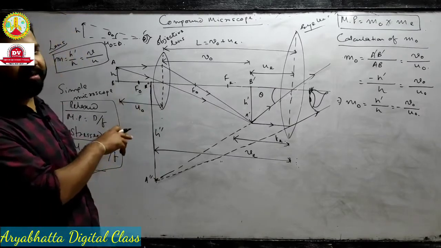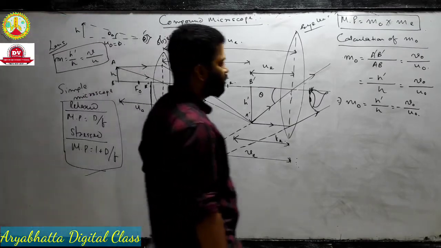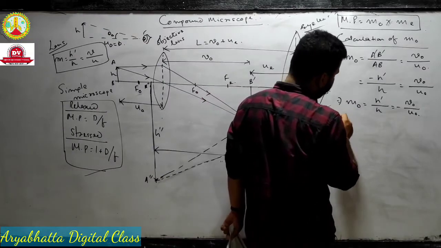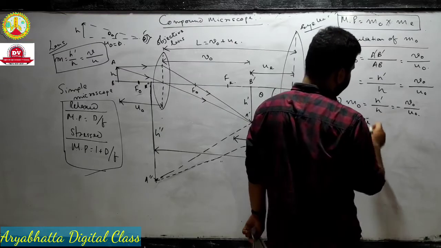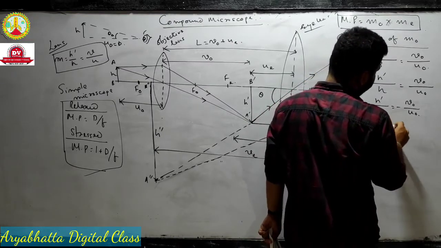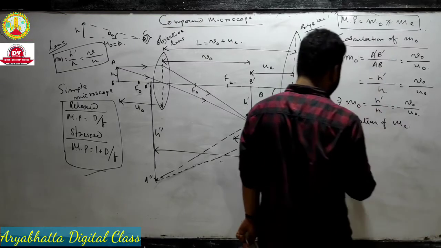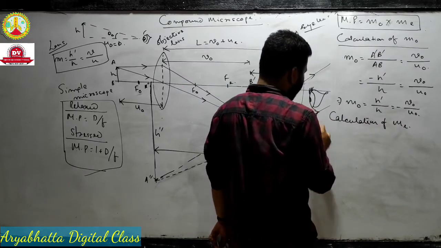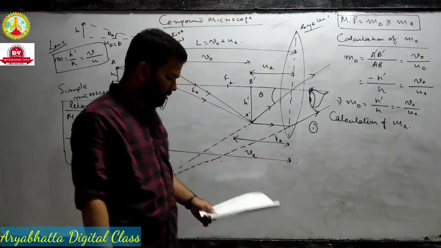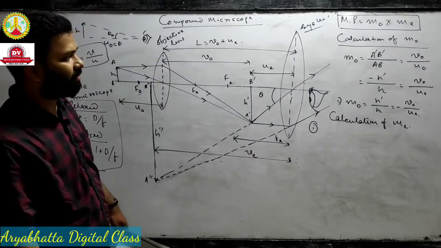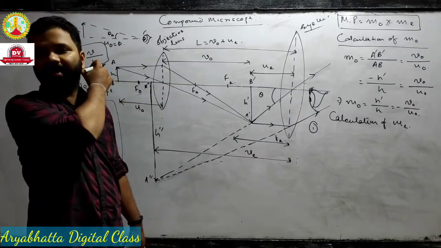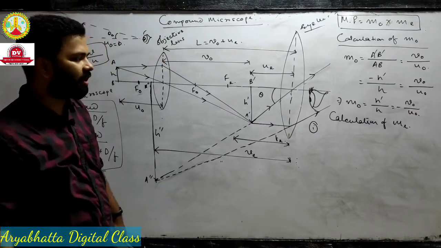Now we will go for the calculation of magnification produced by the eyepiece, and the eyepiece is nothing but a simple microscope. So calculation of ME. Here we will have two conditions. Number one, when the magnification is minimum, when the image is formed at infinity.